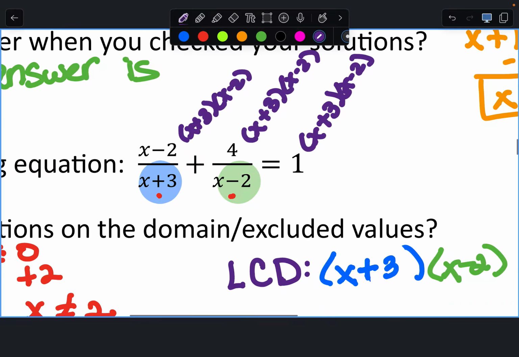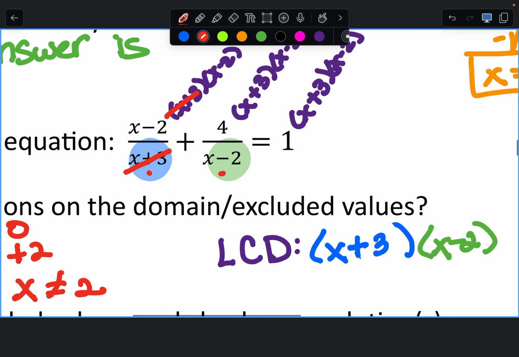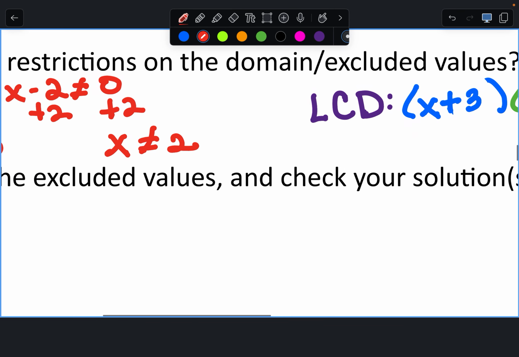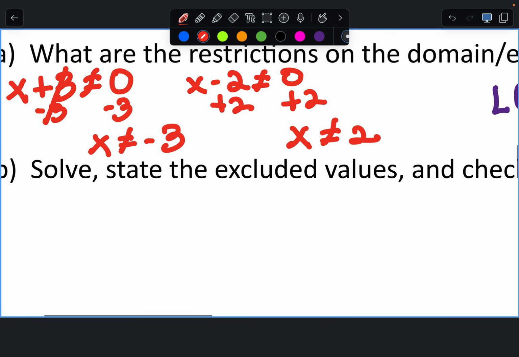All right, let's see what we can get to cancel. So in this first group, goodbye x plus 3's, I'm going to bring down this x minus 2 and this x minus 2 somewhere where I can do some work.